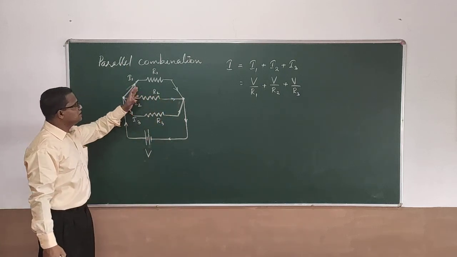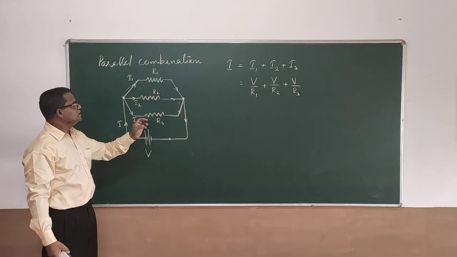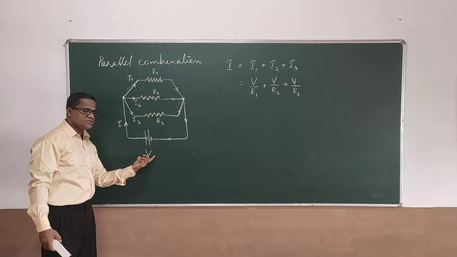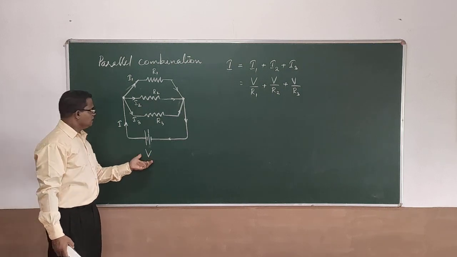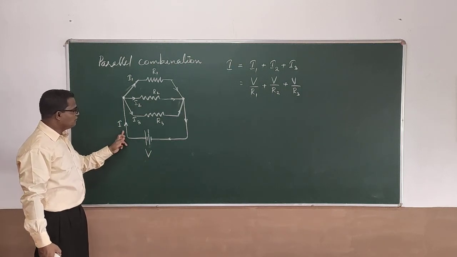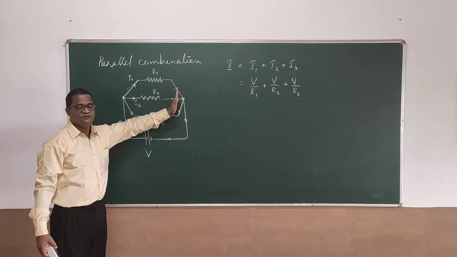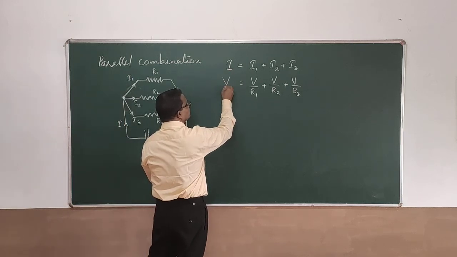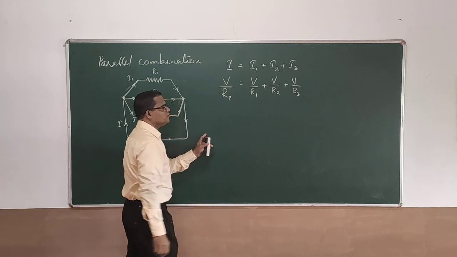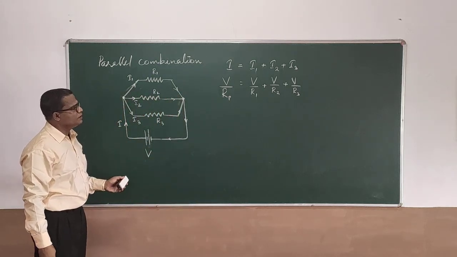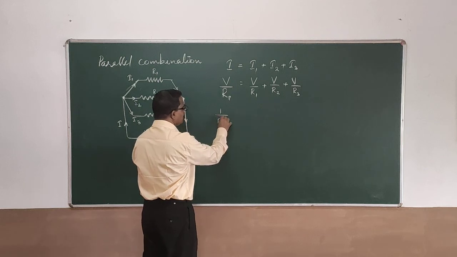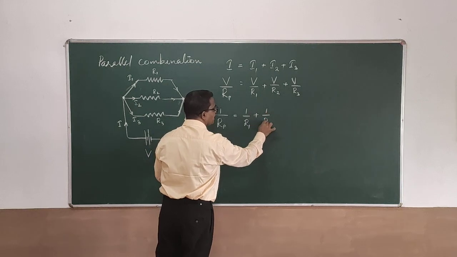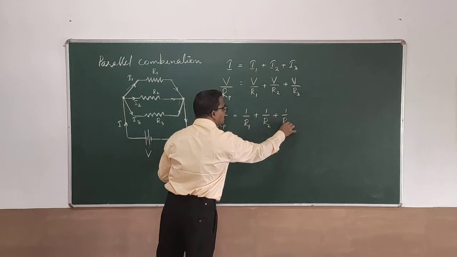As earlier said, if we want to find the effective resistance, that means if I replace all the three with a single resistance across the potential difference V, the same current I will be derived from the supply through the effective resistance. Then that I will be equal to V by RP, P for parallel. Now from this equation we get 1 by Rp equal to 1 by R1 plus 1 by R2 plus 1 by R3.